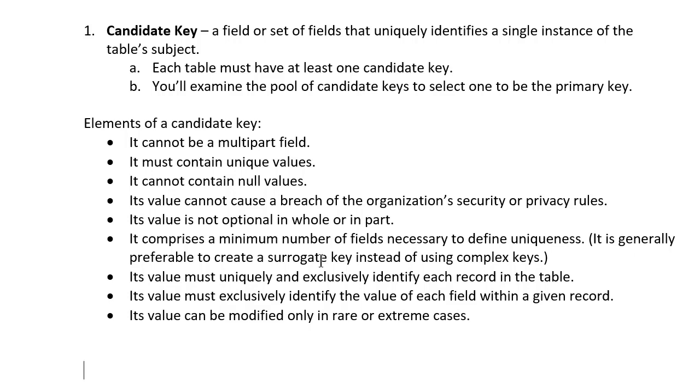Generally what you want to do is create a surrogate key instead of a complex key. A complex key would be, let's say you were creating a table for doctor's visits, and you couldn't uniquely identify everything.